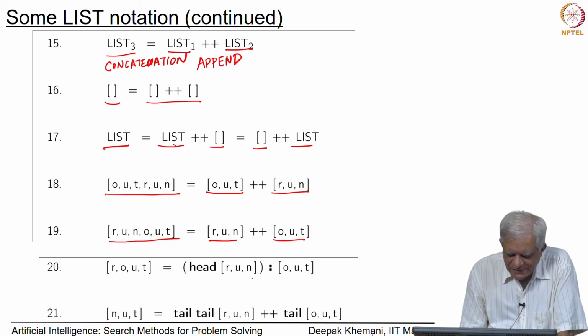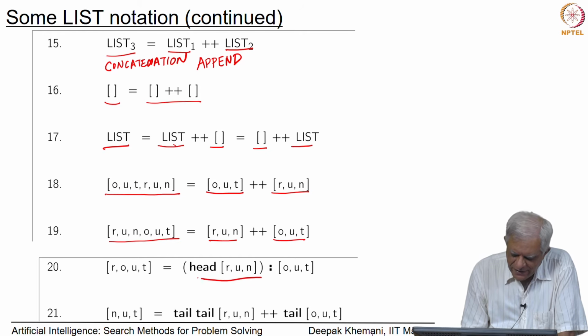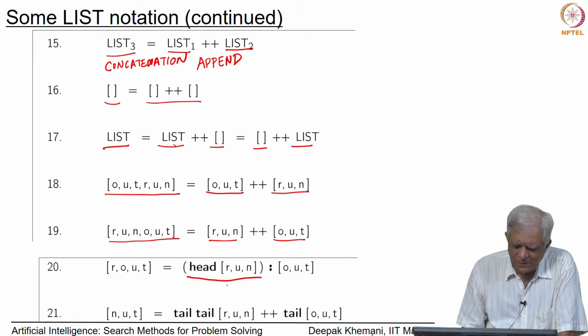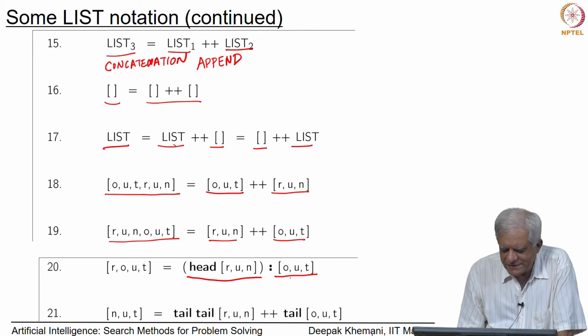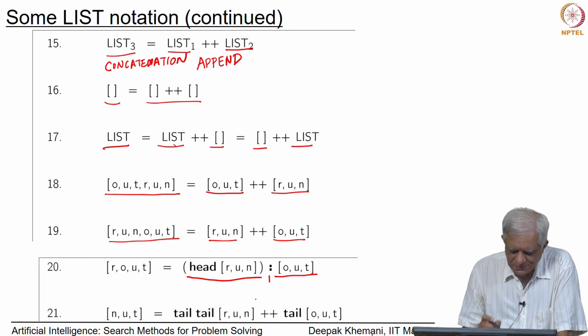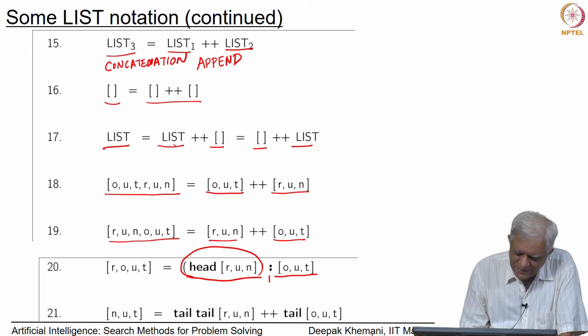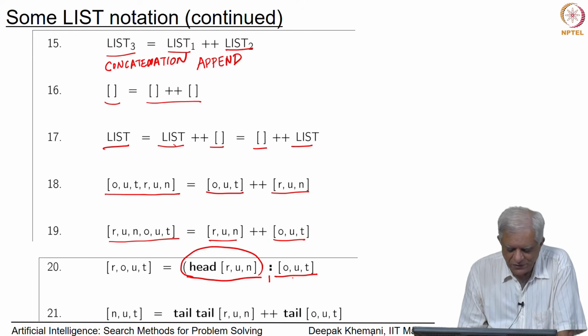Now, let us look at this slightly more involved example. You are talking of a list in which the head is a complex expression and the tail is a list containing OUT. Remember that this is the cons operator that we had talked about, or the dot operator. This whole expression is the head of this list which is OUT.